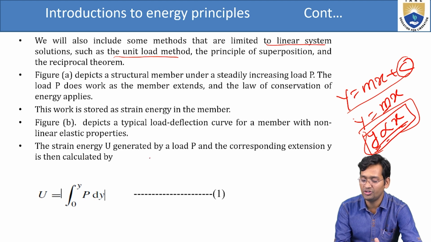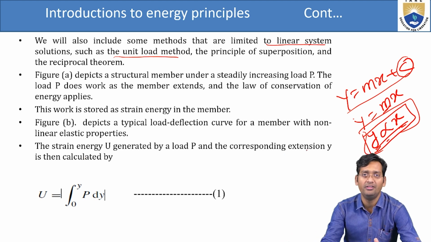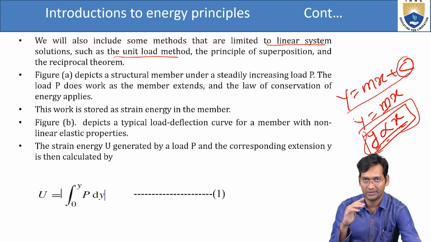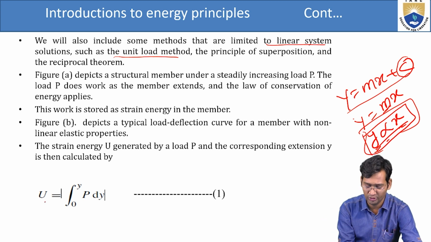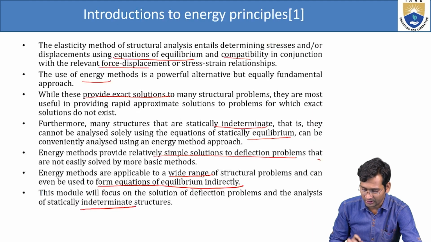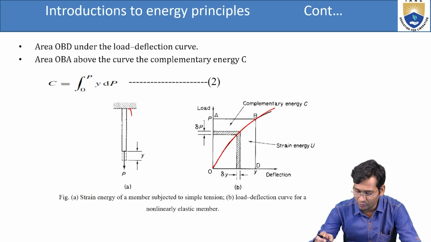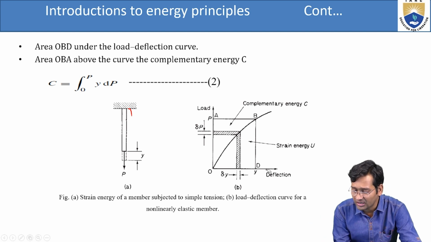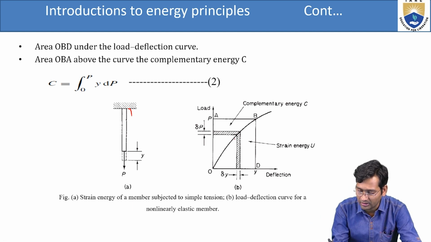The strain energy U generated by a load P and the corresponding extension y is then calculated. So now find how much energy U is there, and we know that the area under the curve gives the total work done. Work done is stored in the form of energy. So U equals the integral from 0 to y of P dy. Just see here in this curve. First, we are finding this inner part.